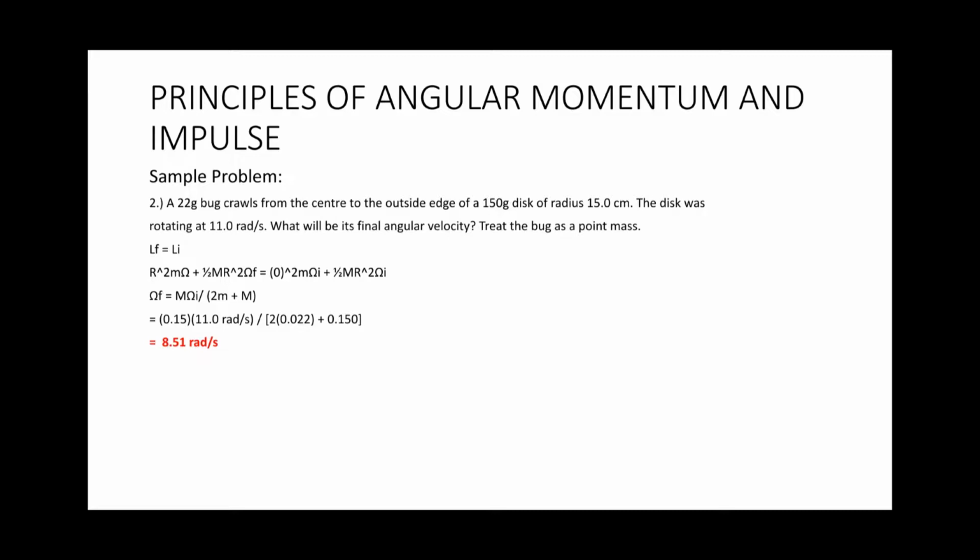Dividing through by 1/2 r squared and solving for final omega, we find final omega is equal to M omega initial over 2m plus M. This is equal to 0.15 multiplied by 11 rad per second divided by 2 multiplied by 0.022 plus 0.150. This will be equal to 8.51 rad per second.